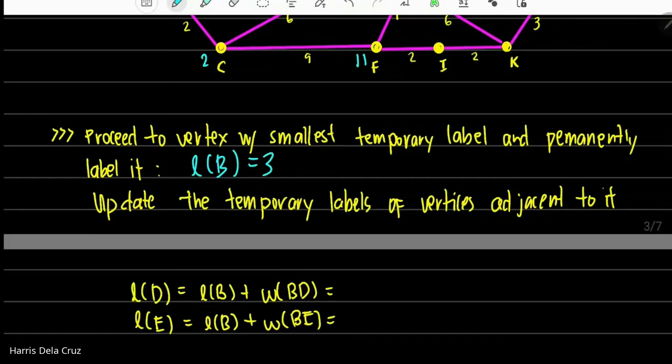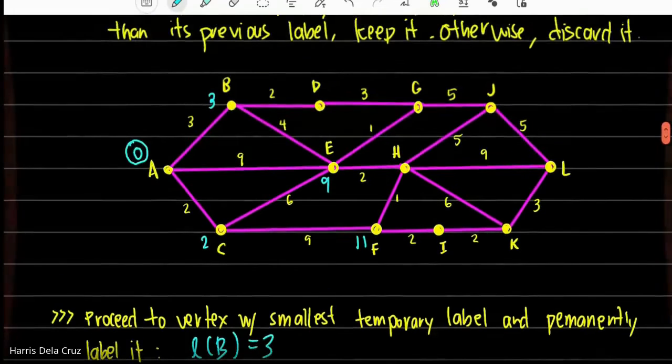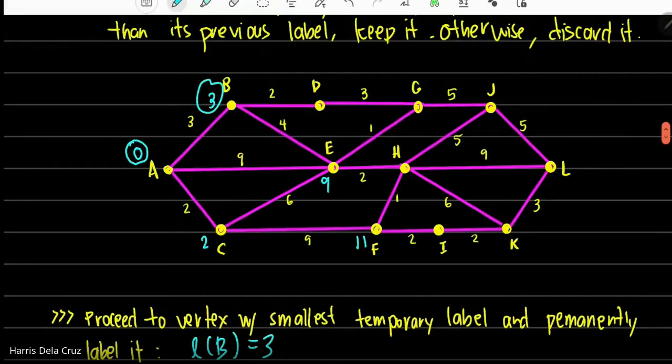Pupunta ka sa lahat ng possible vertices na pwede mong puntahan mula kay B. Pero hindi ka na babalik kay A. Okay? Lahat lang ng pa-forward, from left to right. Yung hindi mo pa napuntahan, yung hindi pa na-fix yung label. So, ano ba mga pwede mong puntahan mula kay B? Ang pwede ko pang puntahan ay yung D tsaka yung E. Tama?